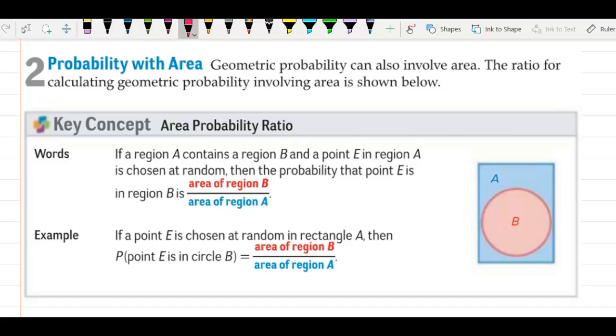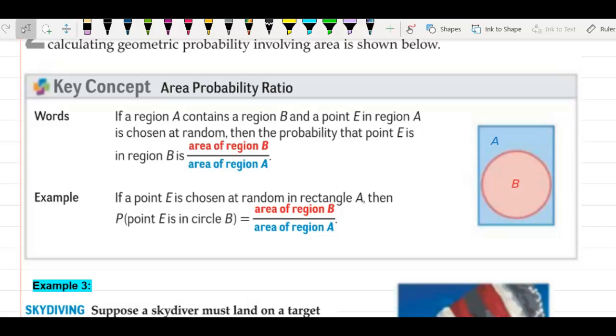Okay, so just to clarify some areas that you may need to know that you may have forgotten. The area of a rectangle is length times width, or if you want to say base times height, that's fine.